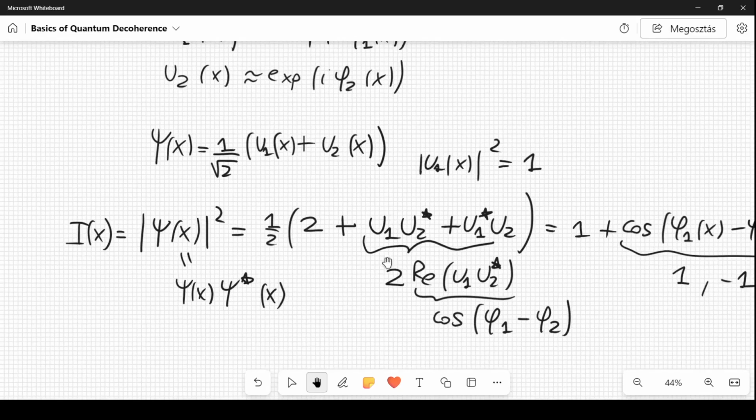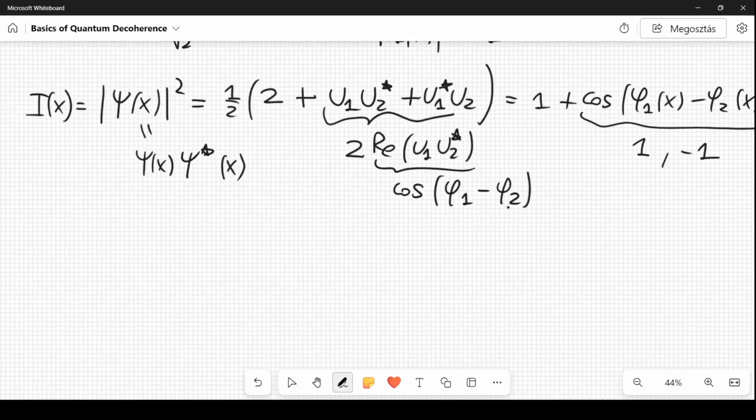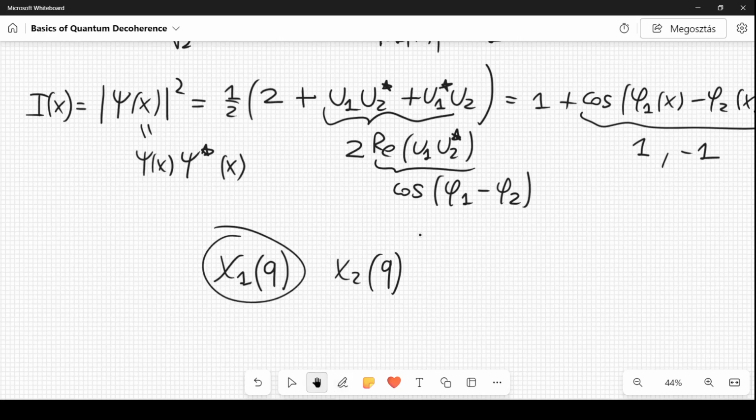If they interact with the environment, we can approximate the action of the environment with two functions, chi1 and chi2, and I will explain how we can take this into consideration. But the environment will also depend on some parameter, for example, Q. So this is the parameter of the environment, and therefore these two are functions. This Q is the coordinate of the environment.